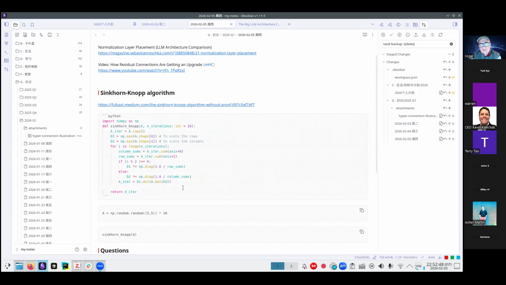The Sinkhorn-Knopp theorem says that if you have a diagonal matrix C for columns and a diagonal matrix R for rows, then C times A times R will equal a doubly stochastic matrix, for any A that has only positive values.